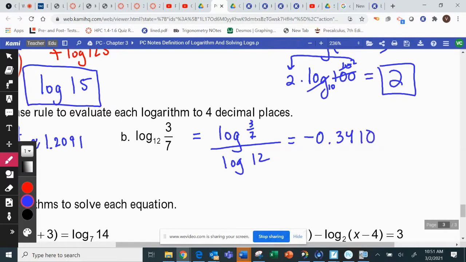After rounding correctly, you should get negative 0.3410. Any questions on that? Okay.